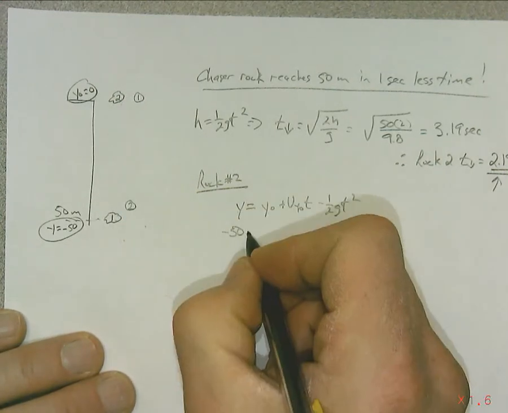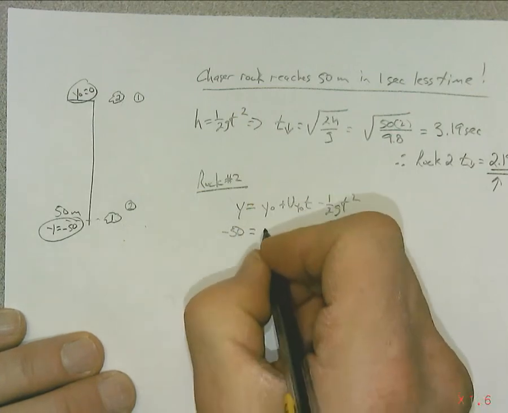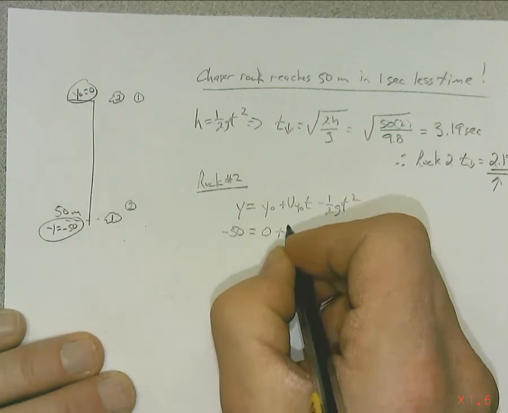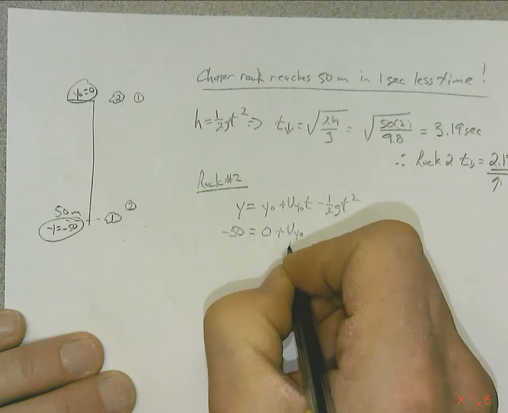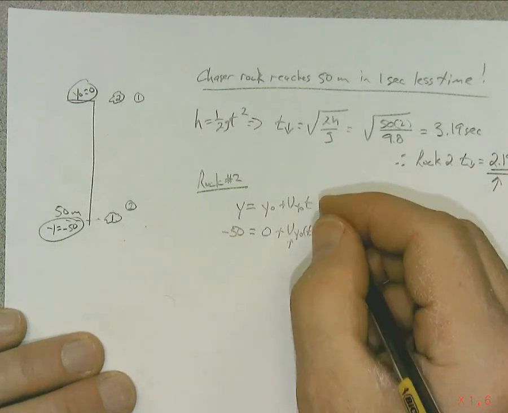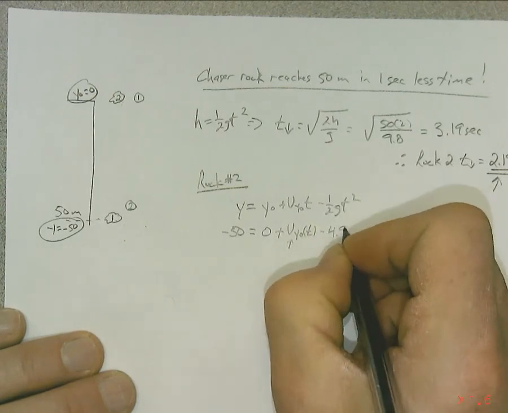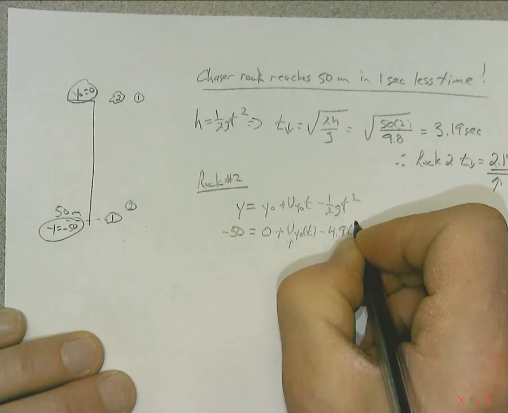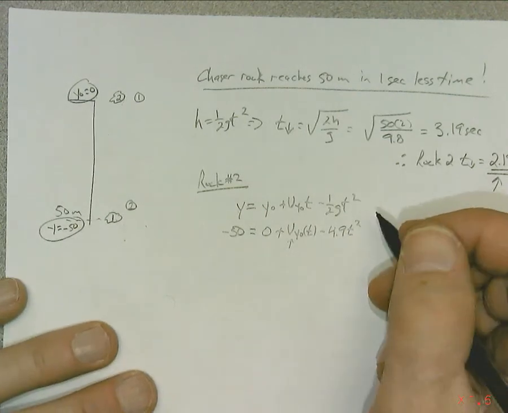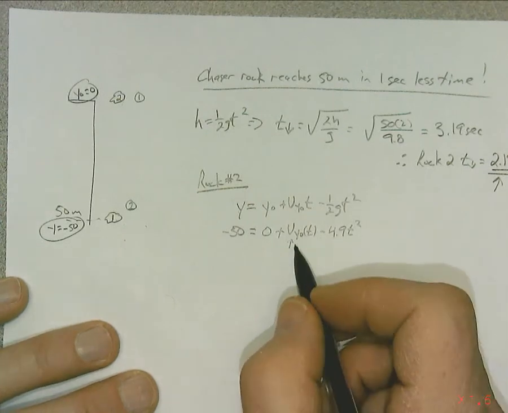So minus 50 is equal to y0, and y0 is 0, plus Vy0t, and this is what we're trying to find, minus 1/2 gt squared. I'll go ahead and say minus 4.9 t squared. I am now using g equal to 9.8 rather than 10, so that can affect the final answer a little bit if you use 10.